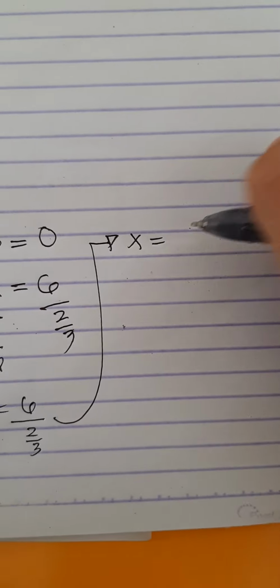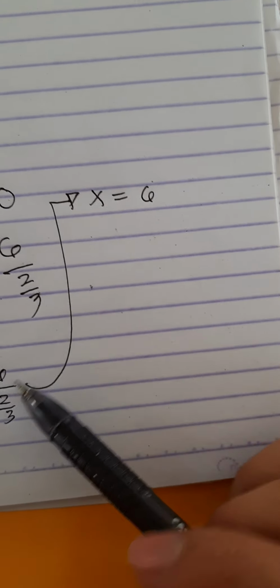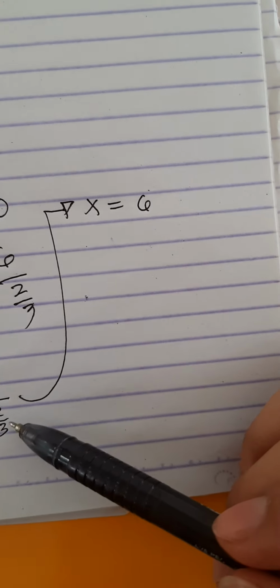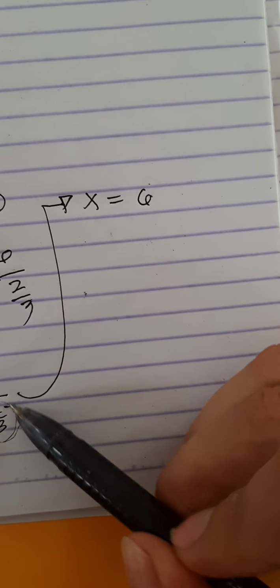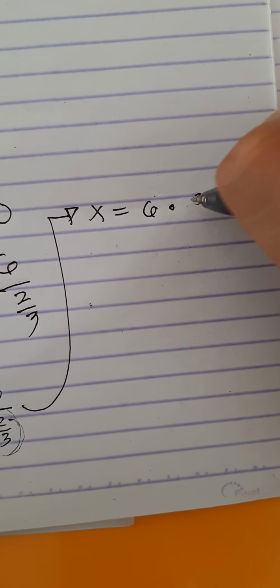So here x is equal to, in dividing numbers with fractions, we will apply the multiplication of reciprocals. Very good. So we will just copy 6, the numerator, and multiply it by the reciprocal of our denominator. So what is the reciprocal of 2/3? Very good. It will be 3/2.